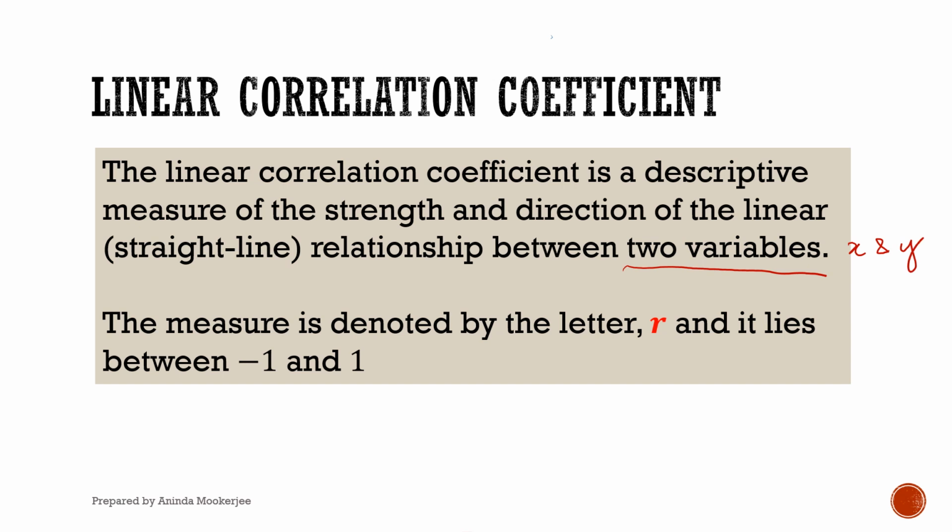So this is a measure that will help us determine how well the x and y variables are related to each other or correlated. And not only that, it tells us how strongly they are related, as well as the direction of that relationship. That means the two variables would be considered positively correlated if we have a line that rises from the left to the right.